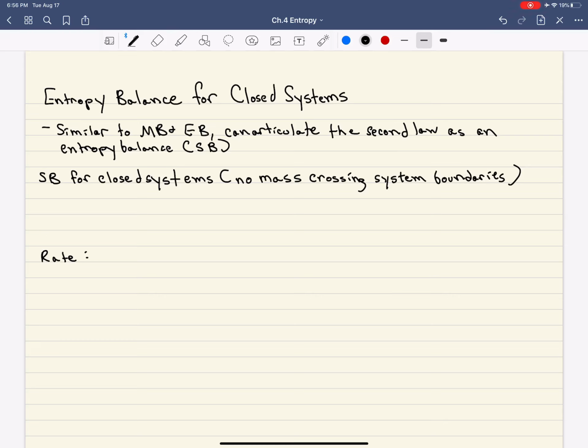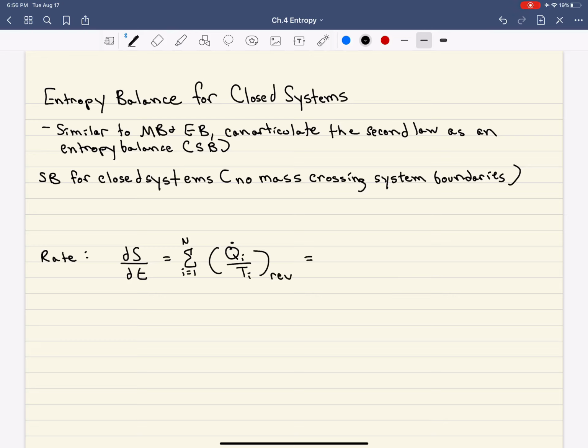We could take the entropy rate dS/dt and write it as the sum, i from 1 to n, of dQ/dt, or in other words Q dot, divided by temperature for the reversible case.